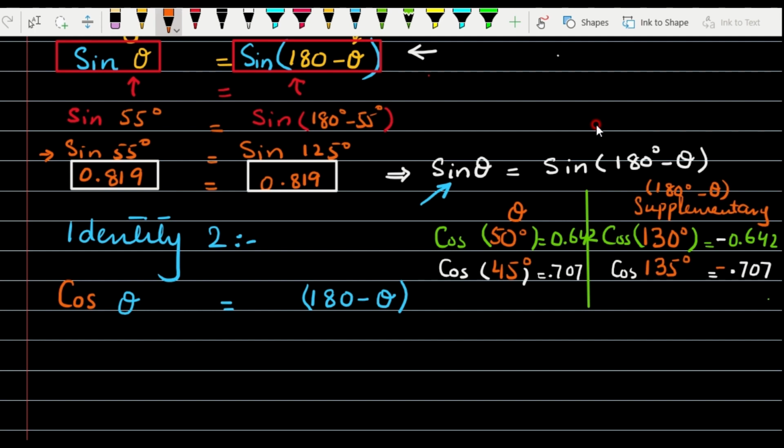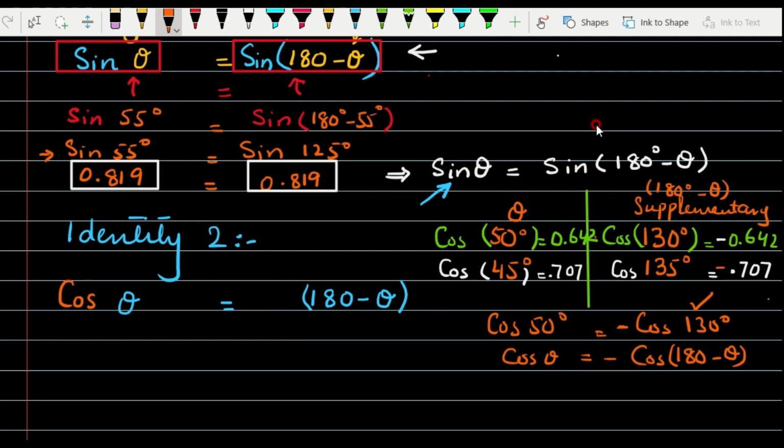So we can say cos 50, or cos theta, whatever it is, will be equal to cos of 180 minus theta, that is cos 130 because that is a supplementary angle, with a minus sign.